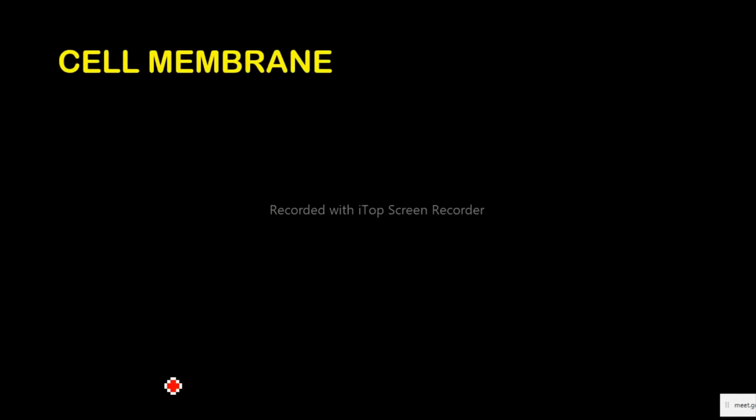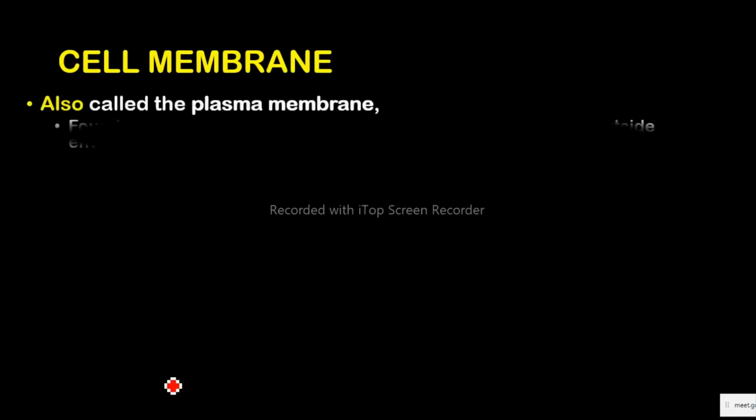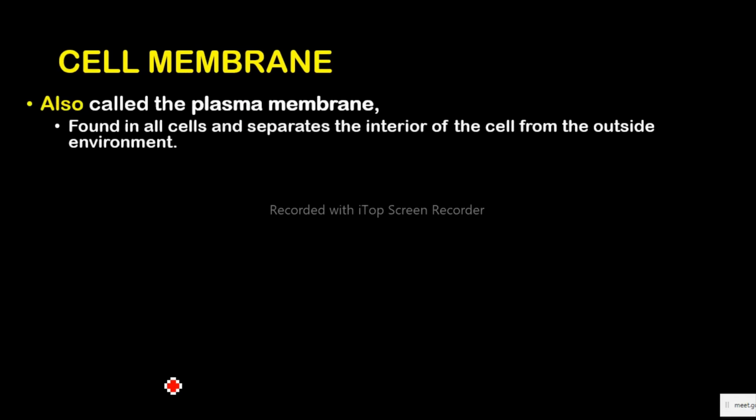Now, this is where I'm interested in the cell membrane. And I want you to see some structure. Okay, we shall see. So, you can also call it a plasma membrane. It is still the same thing. Or in some books, you may find plasmalemma.